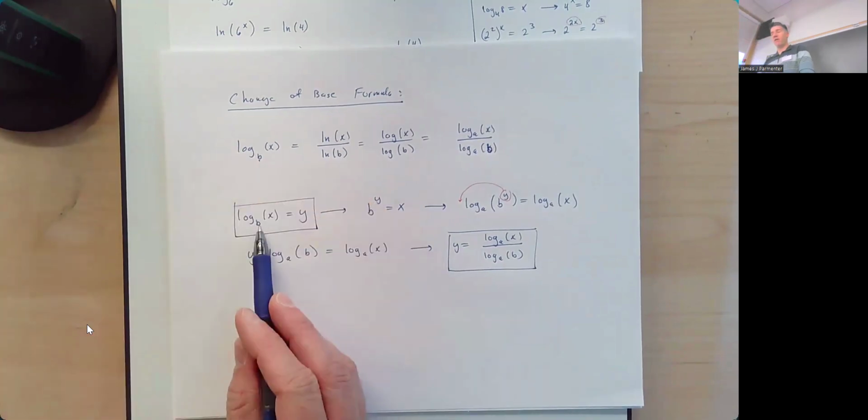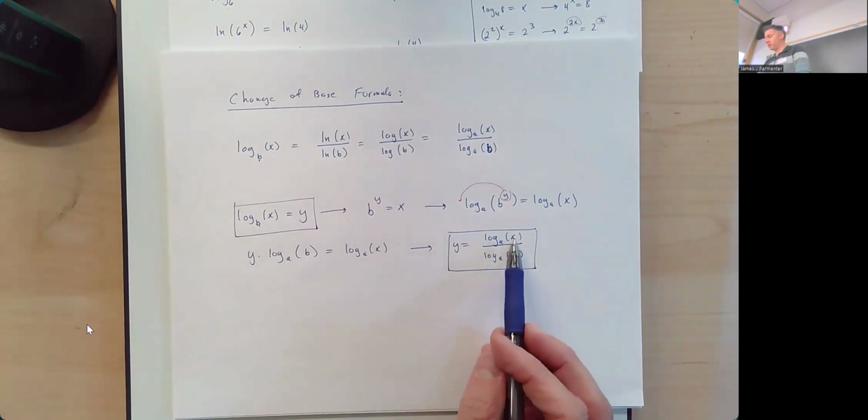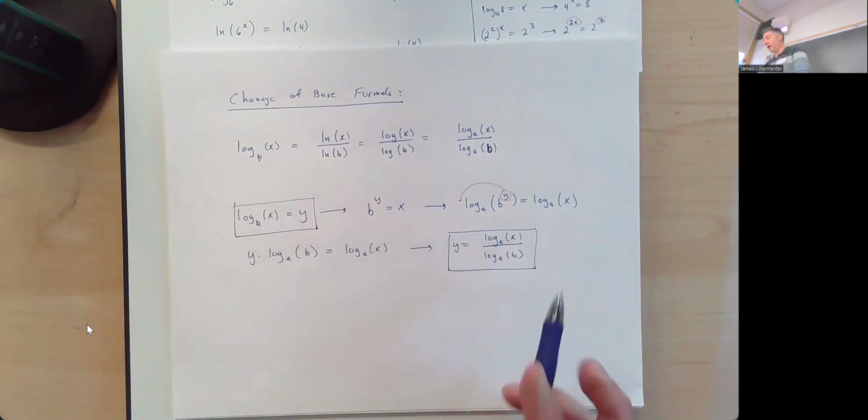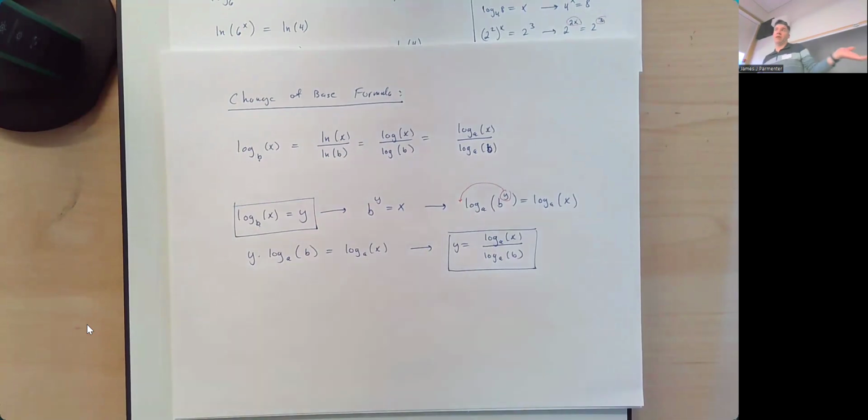So log base b of x is equal to log base a of x divided by log base a of b. And that a could be base 10, could be base e, could be base 2, could be base 7, any positive number that you like except for 1.